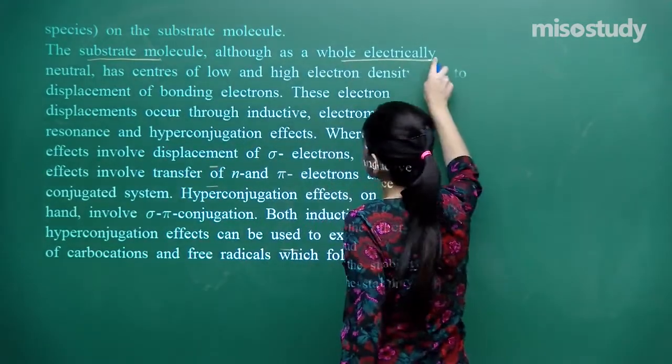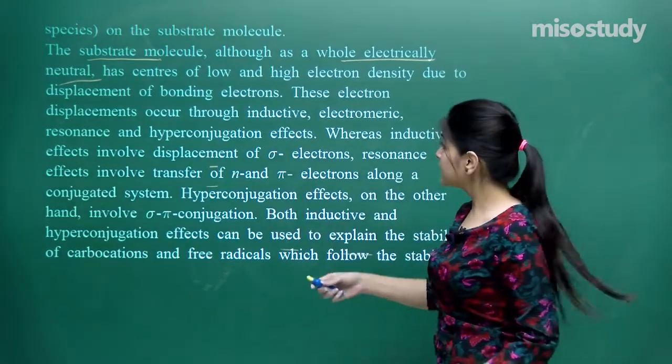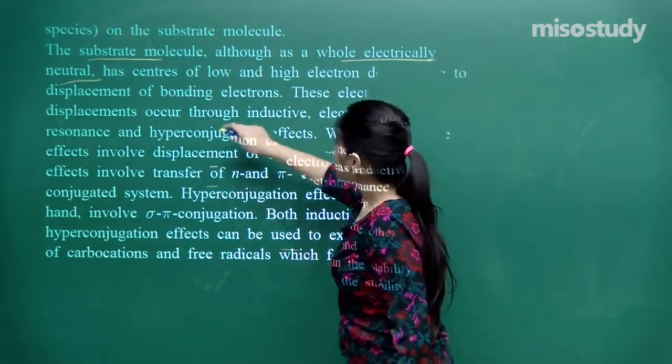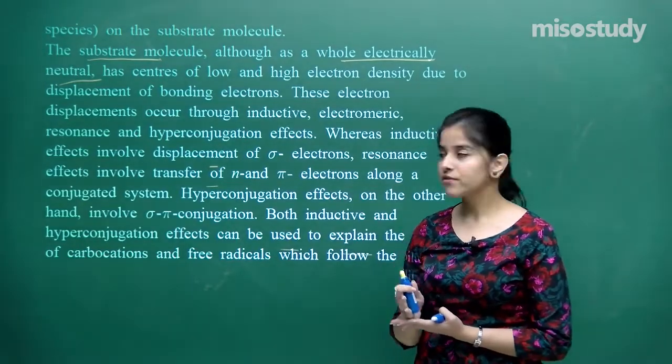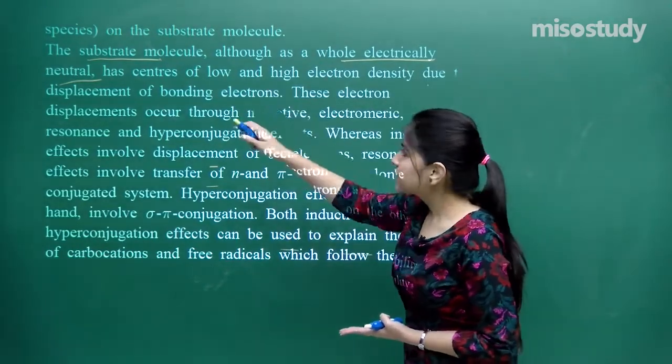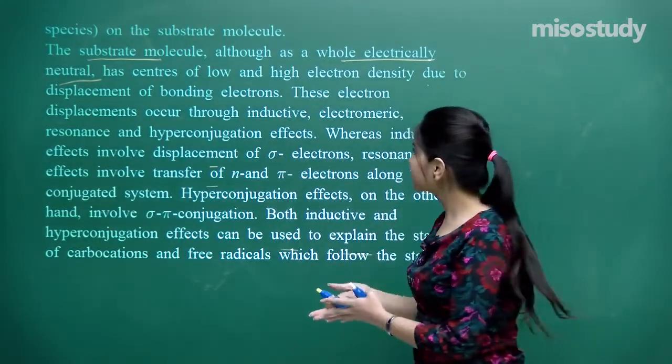It may be electrically neutral, having centers of low and high electron densities, and due to the displacement of electrons, due to electron displacement effects, these substrates are acting as prey to the attacking reagents.